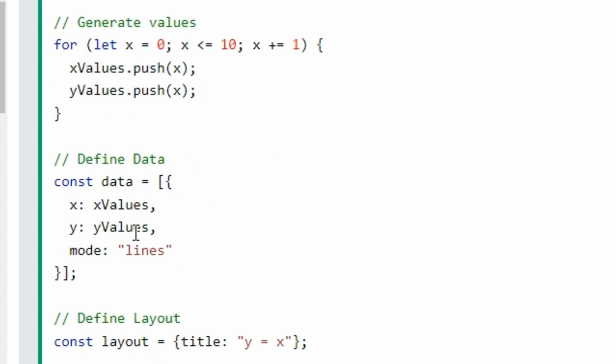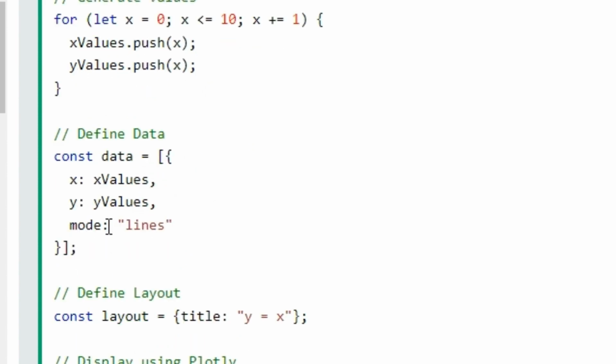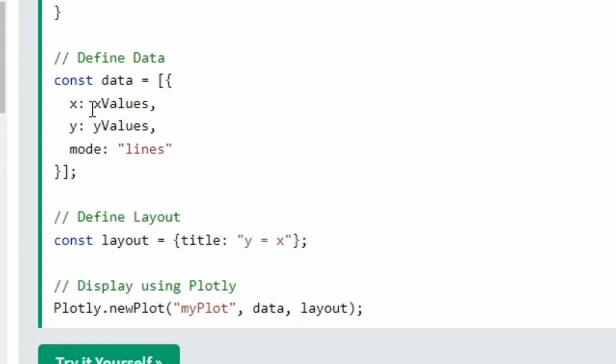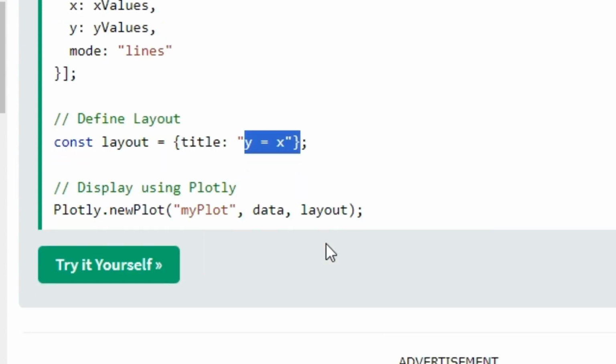Const data equal to x: xValues, y: yValues, mode: lines. Now we have to define the layout, and the layout is const layout equal to title: y equal to x. This is the layout we'll follow.